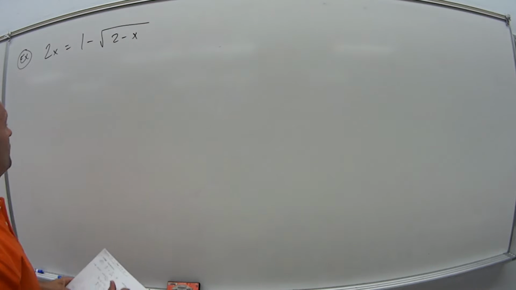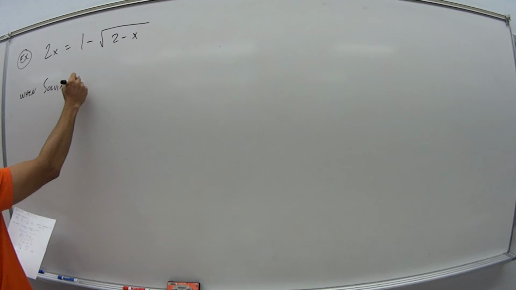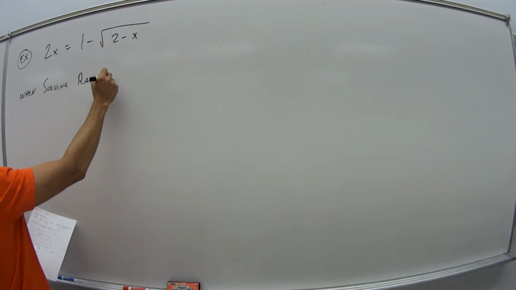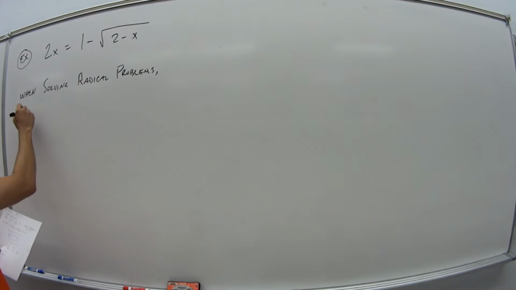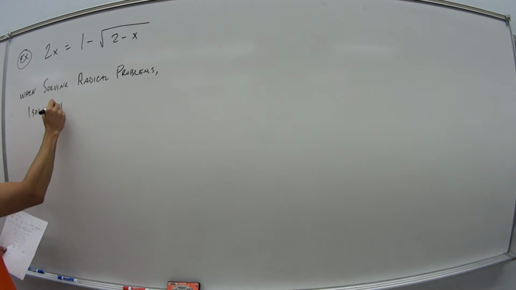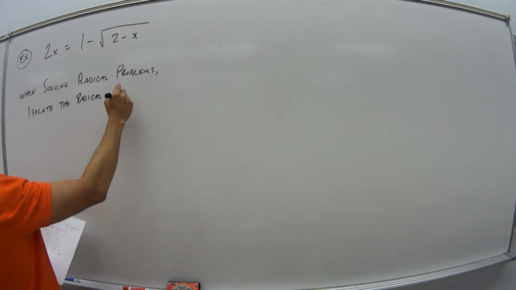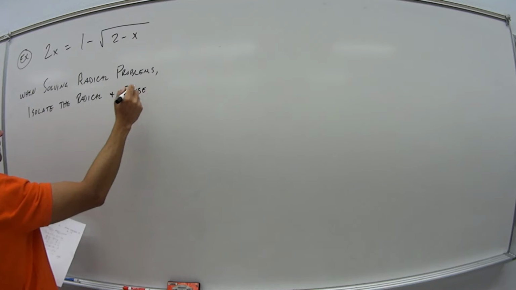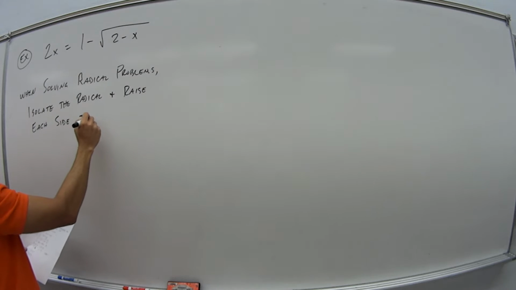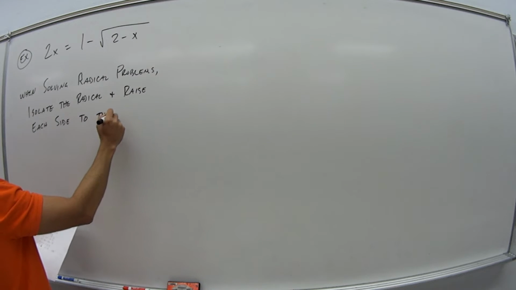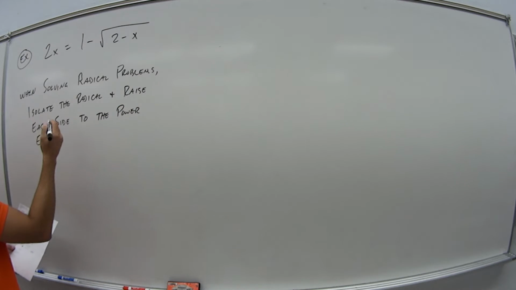So when we are solving radical problems, we want to isolate the radical and raise each side to the power equal to the root, because that'll get rid of our radical symbol.